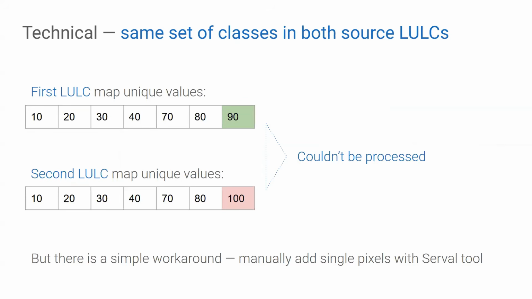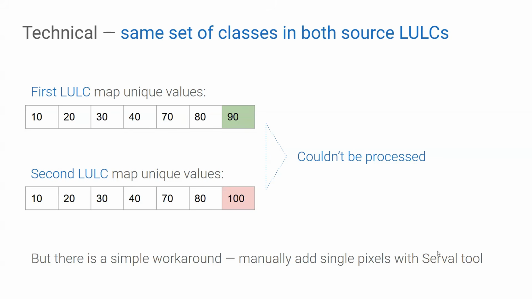Another limitation is that both input land use and cover datasets should present the same set of classes. So if you have this set of unique values in the initial map and a different set of unique values in the final map, you can't use them. It's not a big problem. There are simple workarounds. For example, you can manually add single pixels with a serval tool in QGIS.